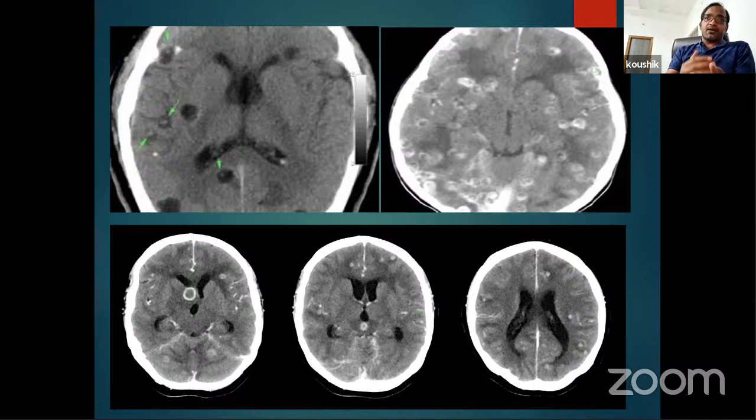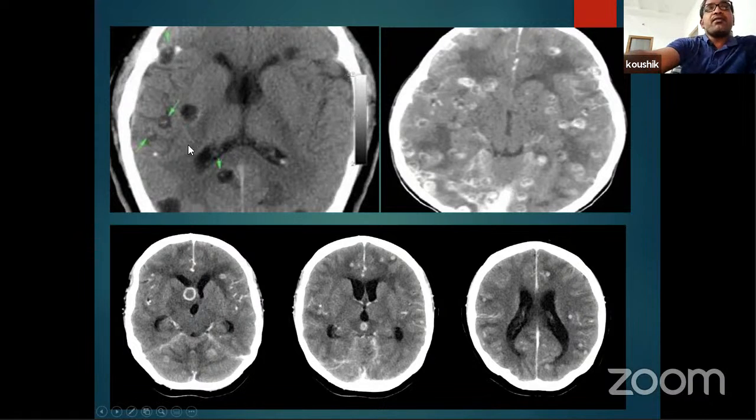To differentiate tuberculoma from NCC, we need to do a lot of other sequences in MRI, like magnetization transfer and spectroscopy. But in these images, we can straight away say the upper part is the neurocysticercosis and the lower part is the tuberculoma, because NCC has different phases: colloid granular, vesicular phase, and calcified nodular phase.